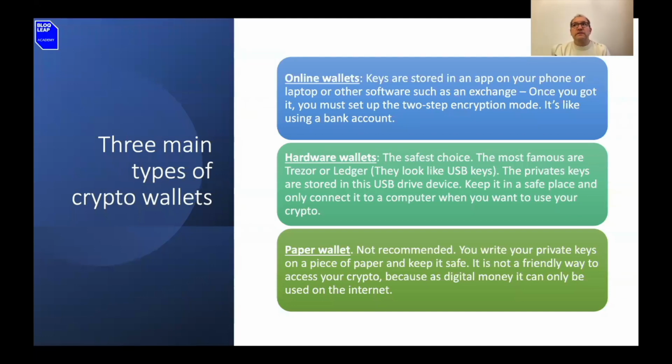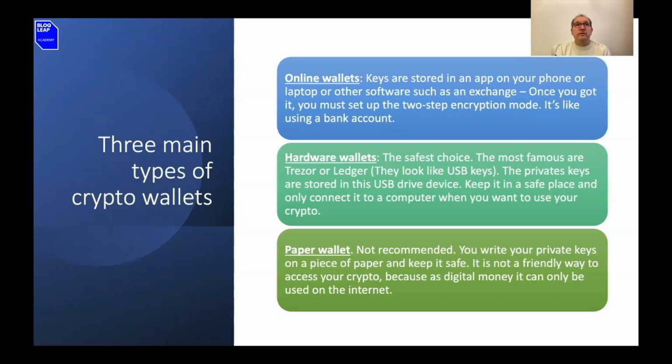I was talking about different kinds of wallets. Let's talk about only the main three types. So you've got the online wallets, which are the ones you are going to have on an exchange. For instance, imagine you go to an exchange. I use Kraken, but you could use another one, Coinbase or Gemini, whatever.